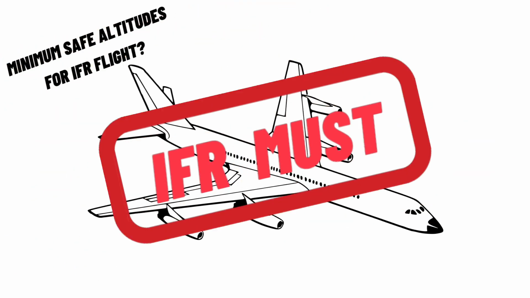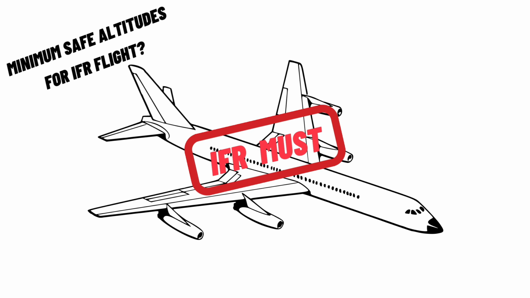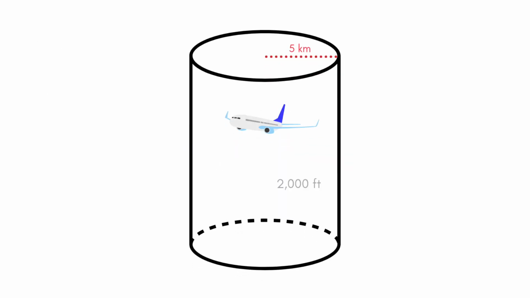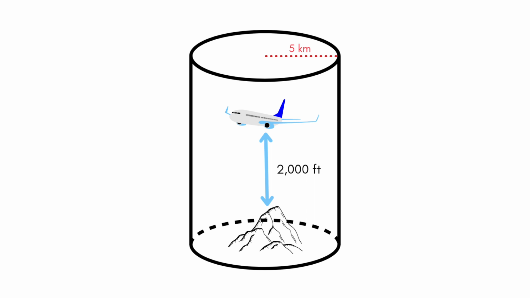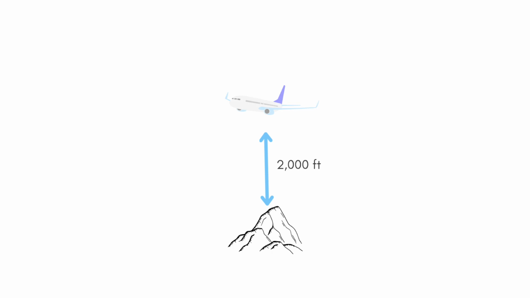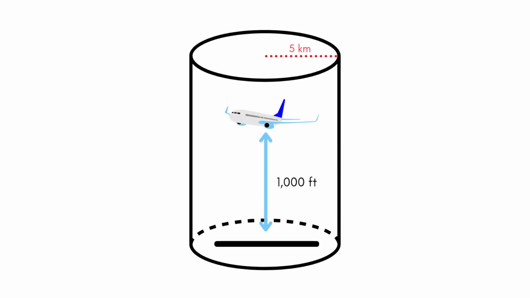So what should be the minimum safety altitude for IFR flight? Well, the minimum safety altitude is just the same as for VFR flights. But if it is not set accordingly, the aircraft must maintain an altitude of 2000 feet within the radius of 8 km from the highest obstacle on the ground. And in other areas, aircraft must maintain 1000 feet or more within the radius of 8 km from the surface.